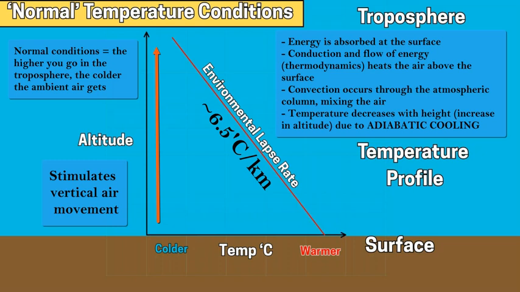So pretty much it gets colder the higher up you go within the troposphere, and that goes down to around minus 60 degrees Celsius at around 15 to 20 kilometers up at the tropopause, before you go into the stratosphere, where there is a change in the lapse rate. But generally in the troposphere, it gets colder the higher you go.